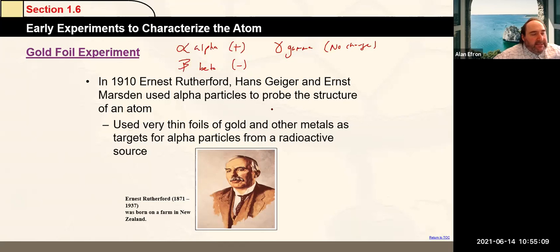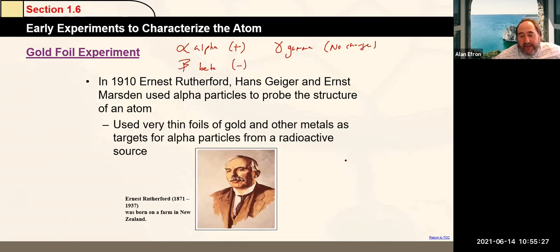Because these are positively charged, negatively charged, or have no charge, when we're dealing with particles that have some type of charge, we can use something like an electrical field to determine what the charge is.